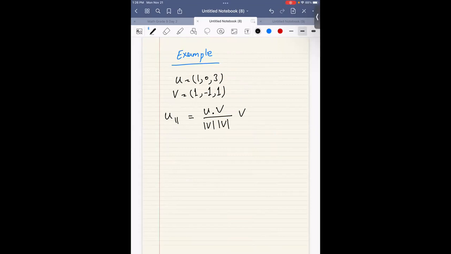Okay, now what is u dot v? It is 4 over, what is magnitude of v times magnitude of v?